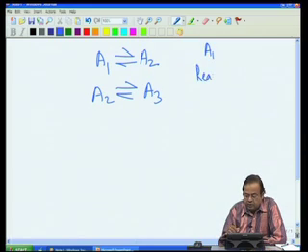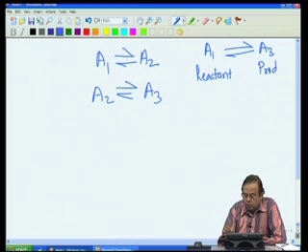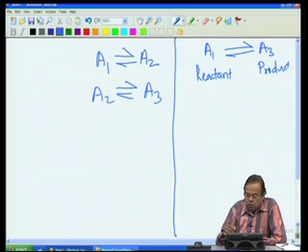A1 is my reactant. It is going to A3, the main product, but there is an intermediate A2, and the reaction actually takes place from A1 going to A2, A2 going to A3. So, my interest is to find out my rate of consumption of A1 or rate of formation of A3.